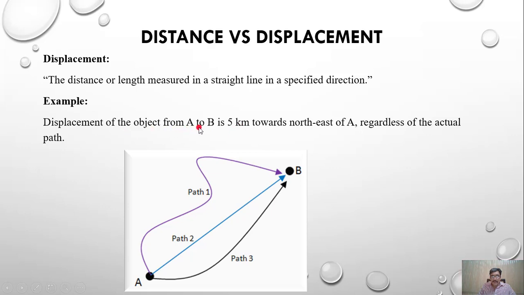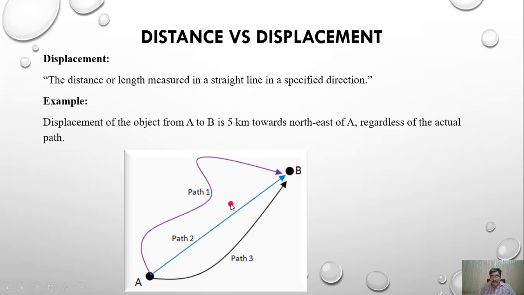Displacement of the object from A to B is 5 kilometers, and it is towards the northeast of A. A is here, east is in this direction. Here we have north, so this B point is in between north and east, so it is northeast of A regardless of the actual path.